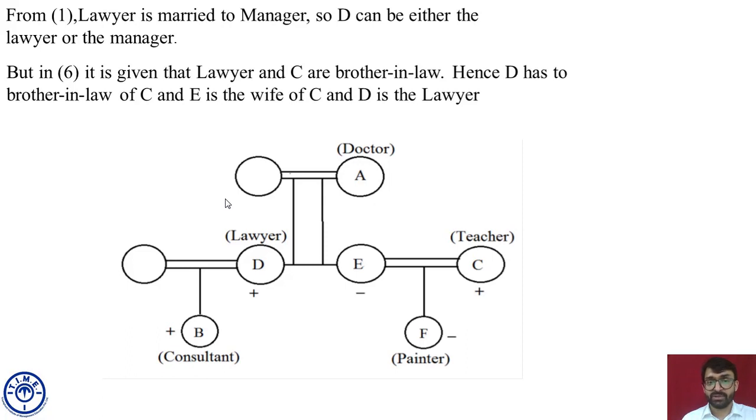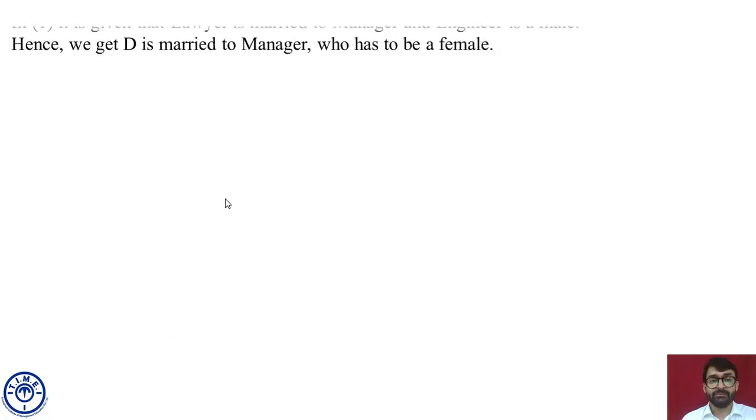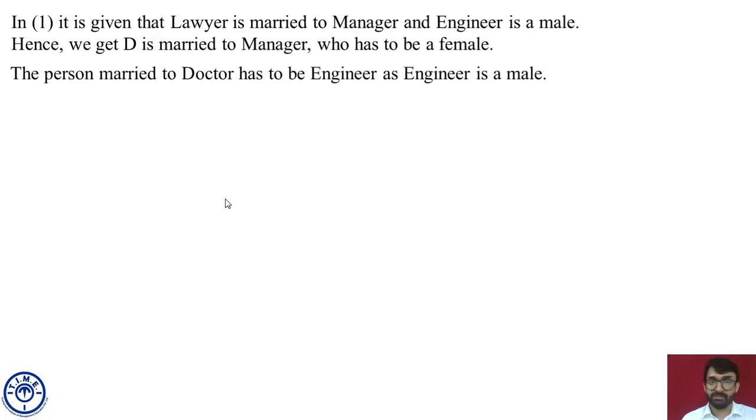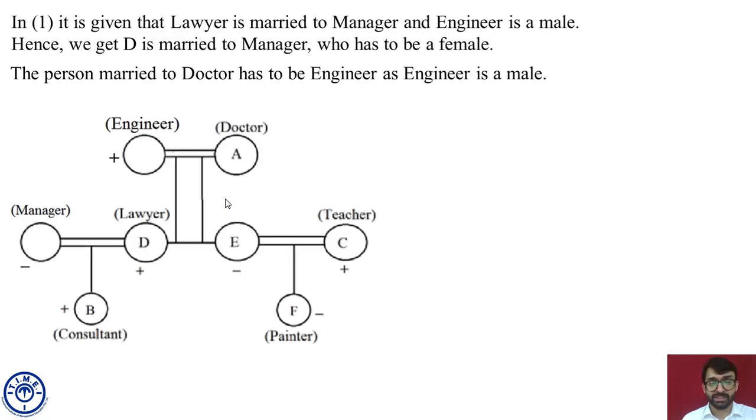The lawyer has to be D, and lawyer and manager are married. So the person who is going to marry D is the manager, and D being a male, the manager has to be female. Lawyer is married to the manager, and engineer is a male, hence D is married to a manager who is a female. That's what we have discussed. The person married to the doctor has to be the engineer, as engineer is a male, because D is a lawyer married to the manager, the manager is female, and the engineer is male.